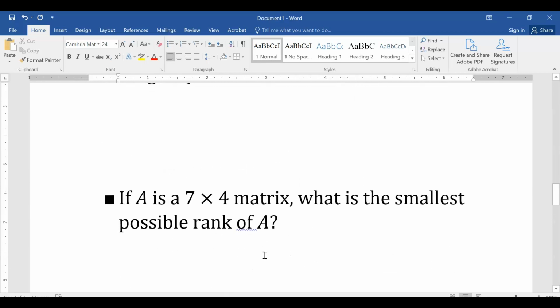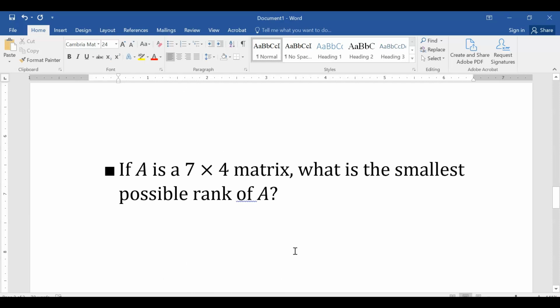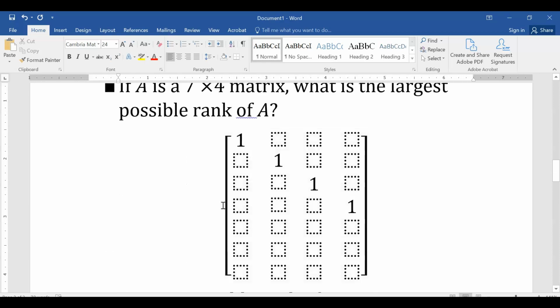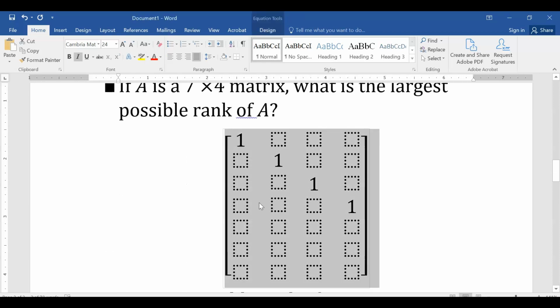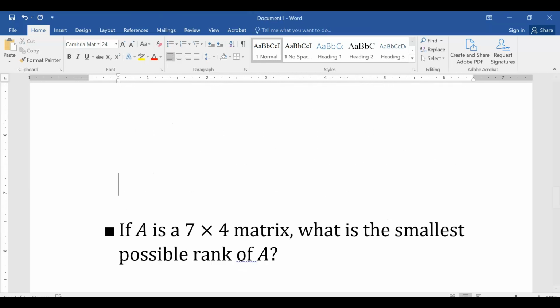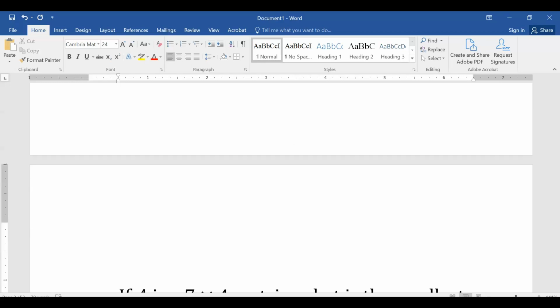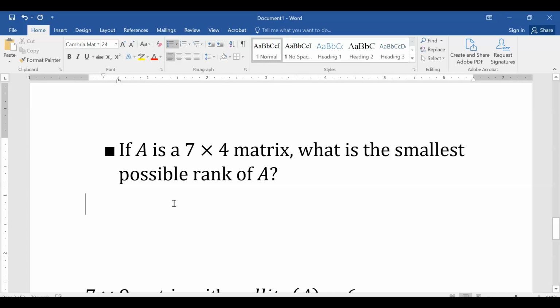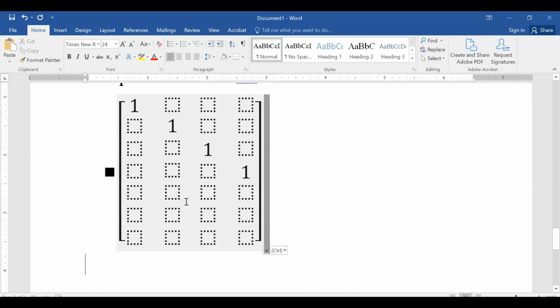Now, by the way, what's the smallest possible rank of A? Let's go back to the 7 by 4 matrix. I'm going to copy that. What's the smallest number of pivot positions we could end up with? Well, the answer is 0.